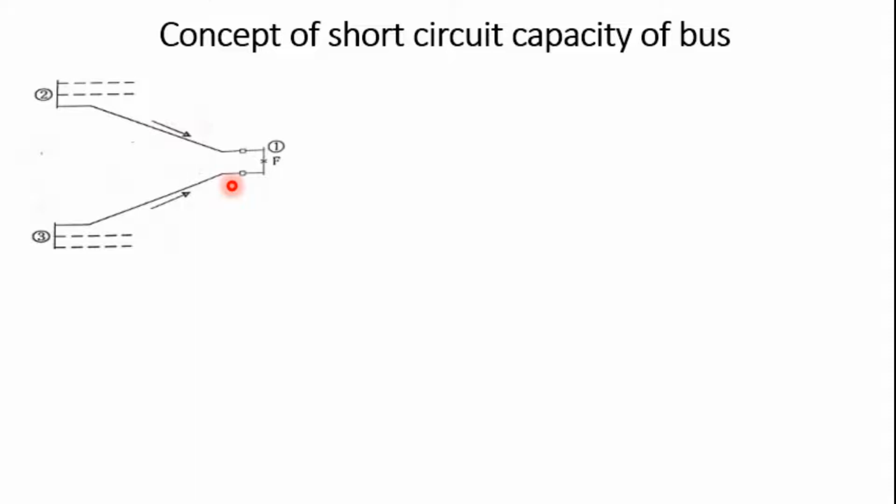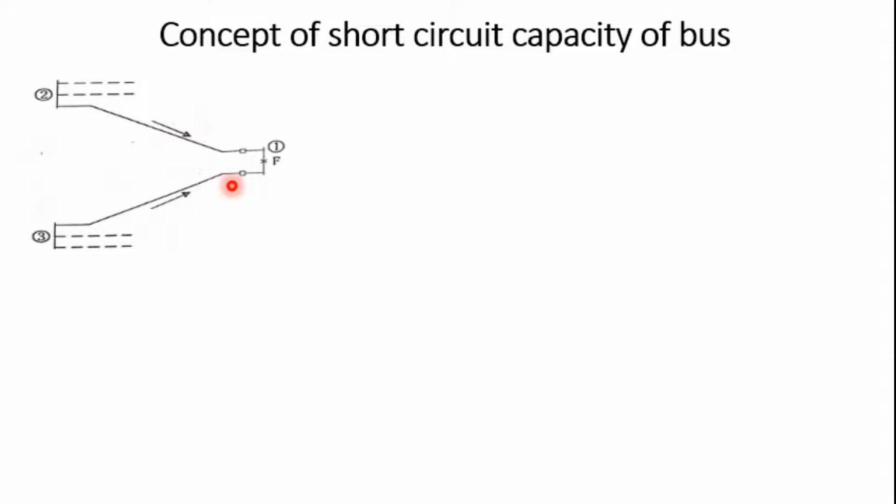What does this mean? If we consider the infinite bus, we can draw any magnitude of voltage and any magnitude of current from it.